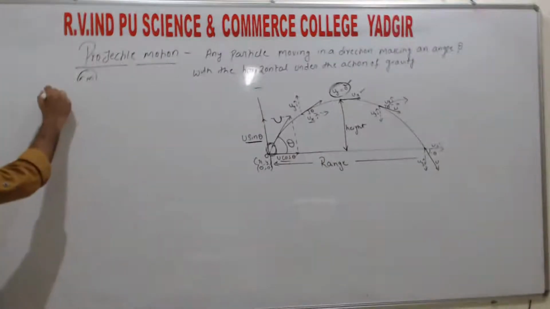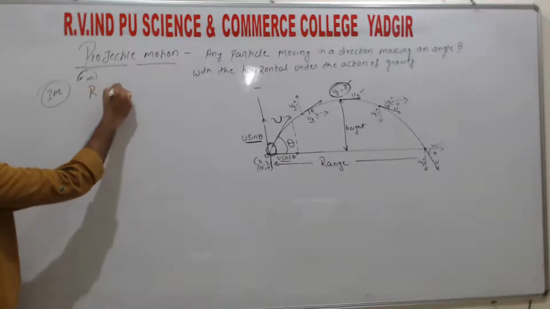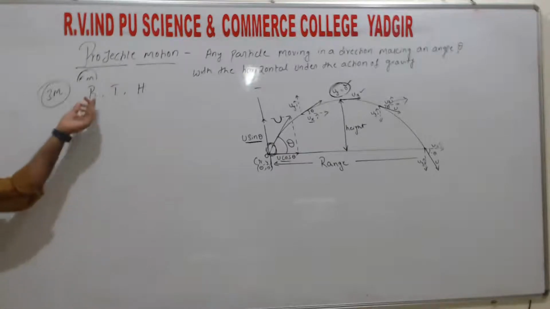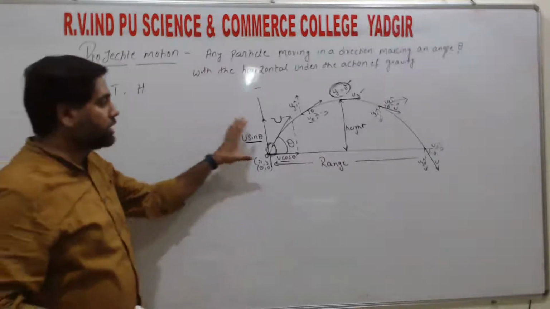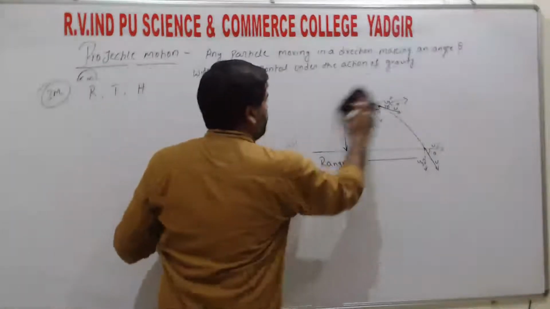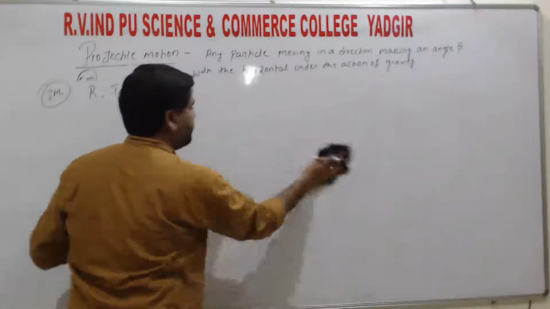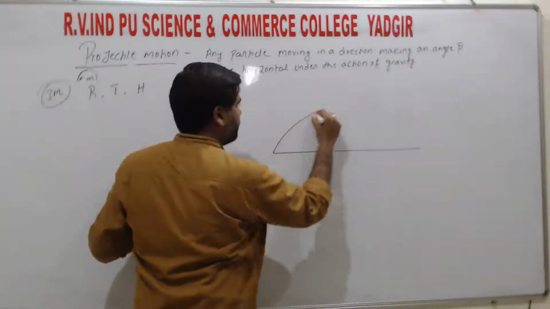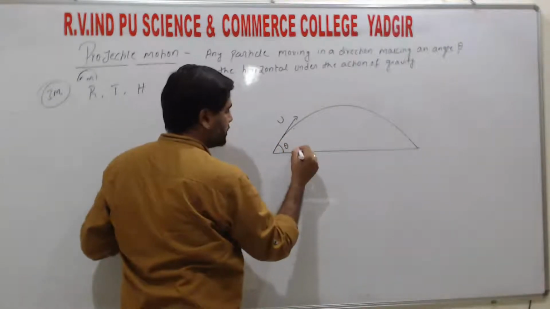So next, important for 3 marks, we need to derive all 3 relations, that is, for the range, the time of flight and the height. So R represents range, T time of flight, H the maximum height. For all these 3 we have the same diagram, right? So this is u, angle theta.